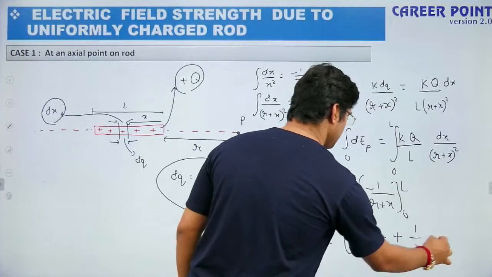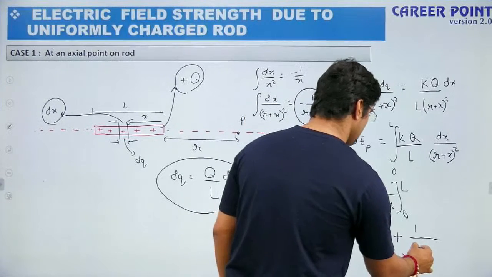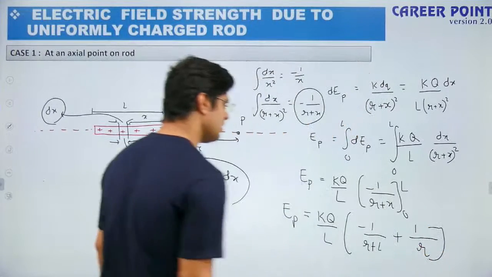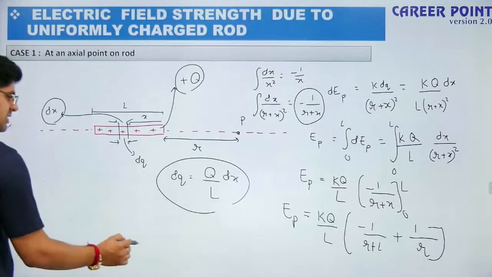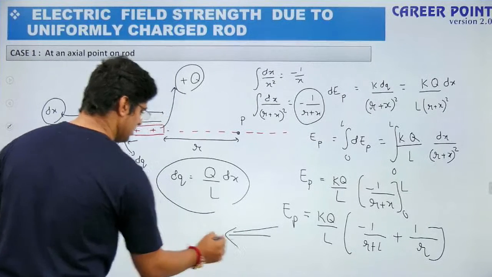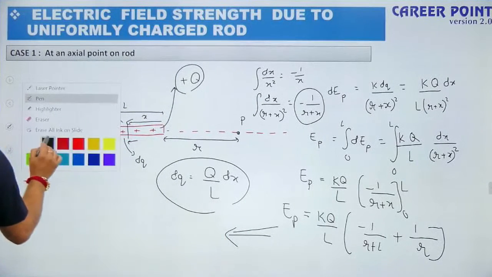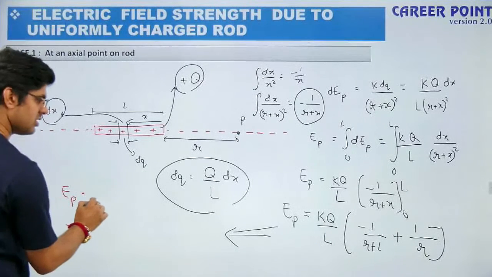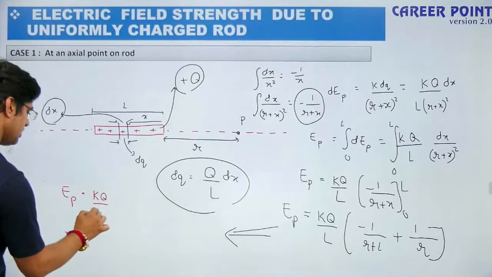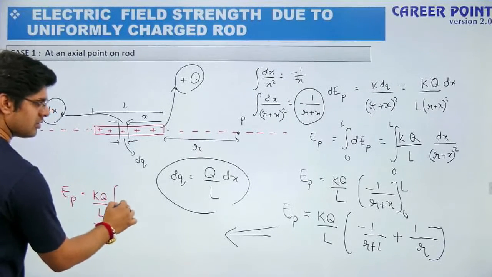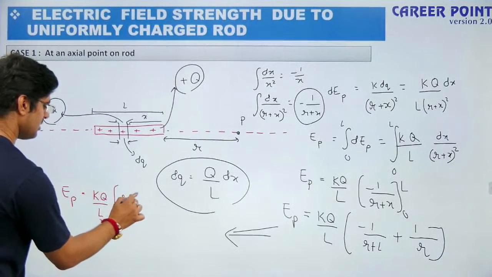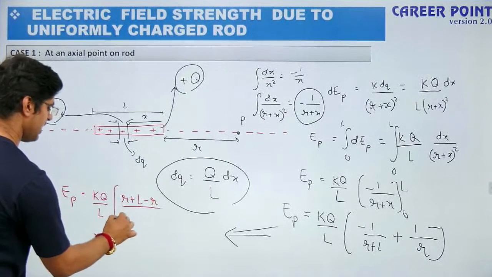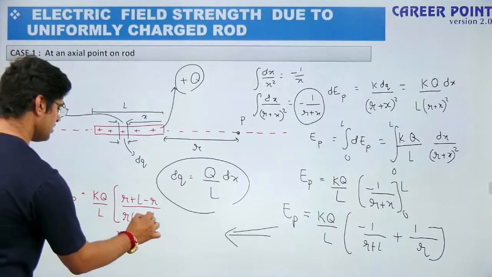Okay, so this gives me electric field at point P. Electric field at point P will be given by kq by L, (r plus L minus r) divided by r into (r plus L).